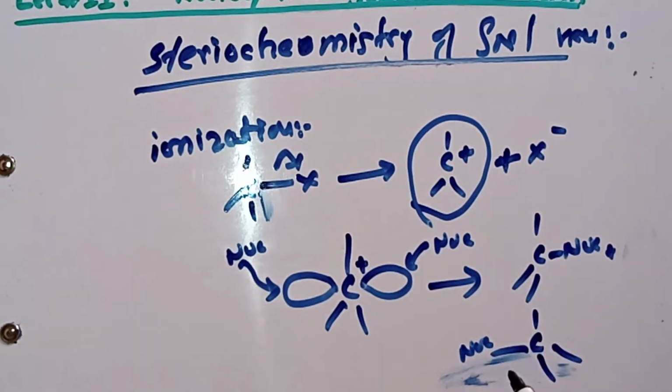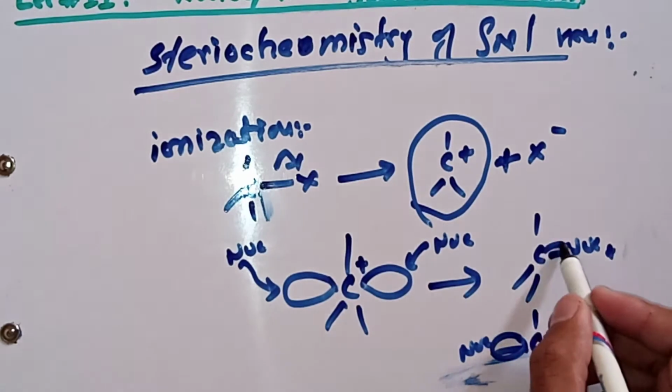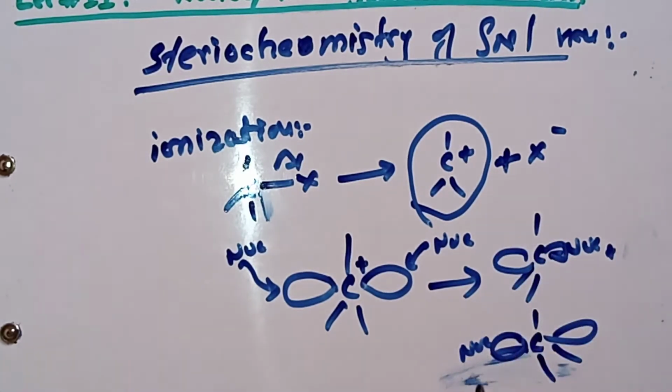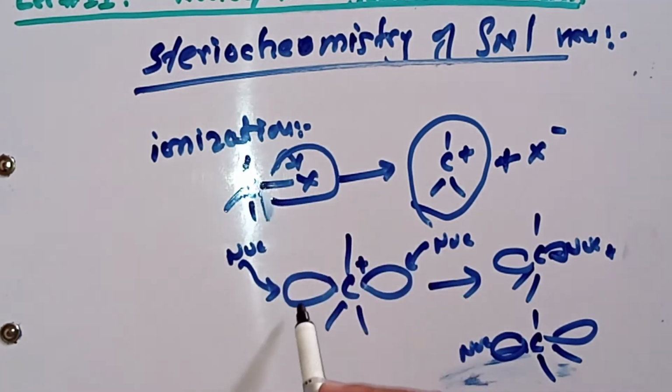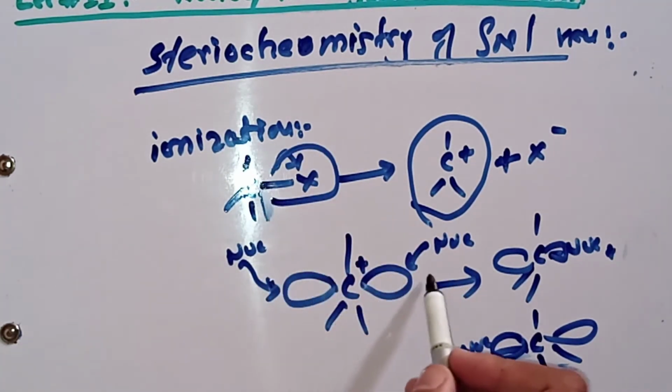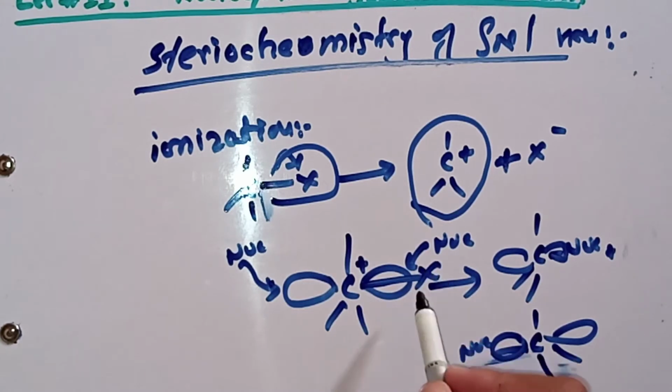So there are two possible structures, one where the nucleophile attacks from the left side and one from the right side. This is the side of the leaving group.